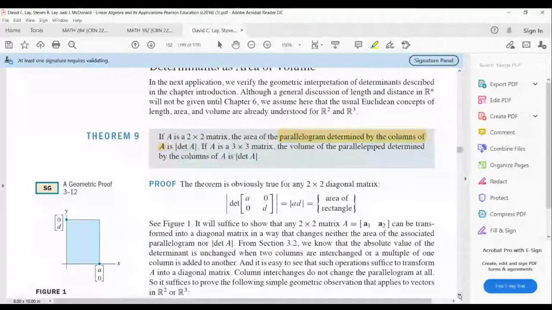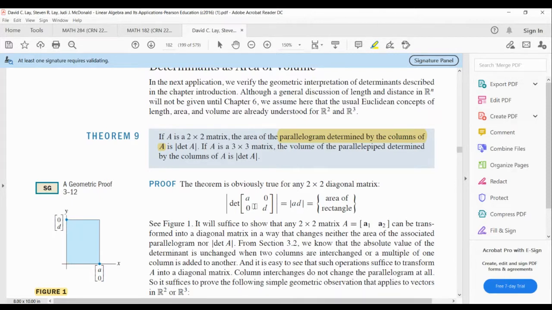I'll show you a geometric proof of this, but I want to be a little bit careful. Like here, the parallelogram in Figure 1 is a rectangle. The two sides of the rectangle are determined by the vectors A0 and 0D. So they have a vector on the x-axis, A0, and a vector on the y-axis, 0D.